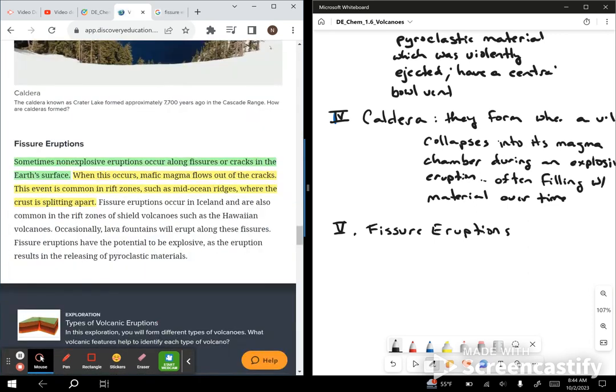Okay, sometimes non-explosive eruptions occur along fissures or cracks in the Earth's surface. This event is common in rift zones, such as mid-ocean ridges, where the crust is splitting apart. Okay, so let's write that down there.